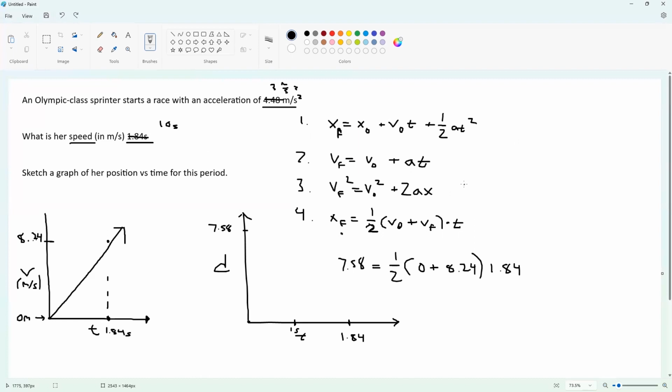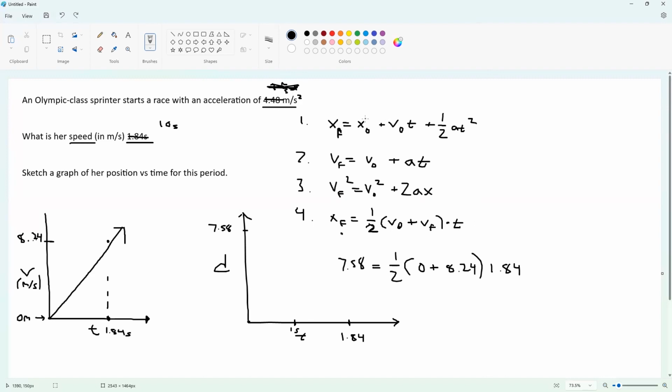You said we're trying to find the final velocity? Yeah, we're trying to find the velocity at 1 second. At 1 second. Okay, so the 3? No. Ignore this.